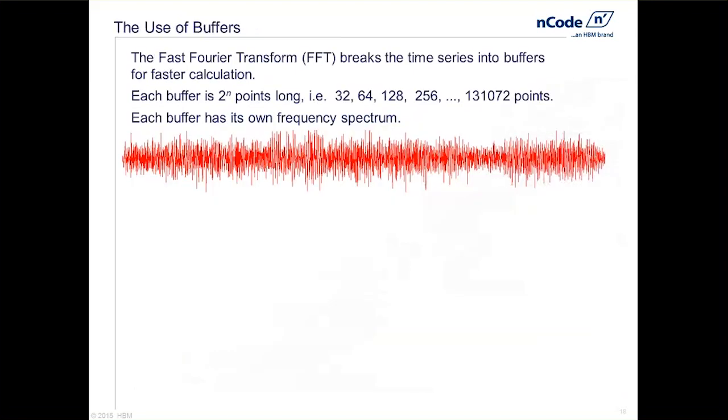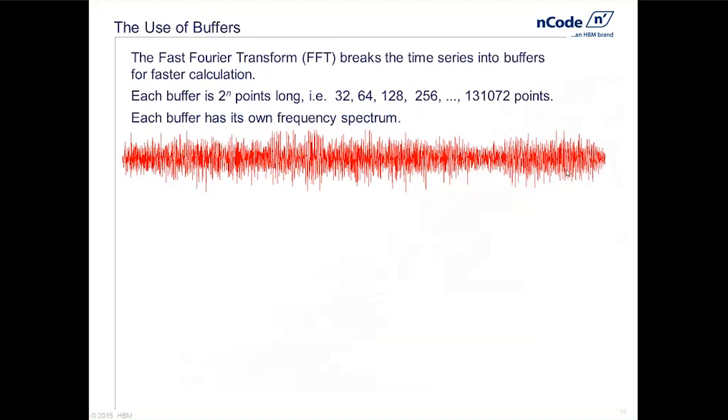So let's talk a little bit about doing our Fourier transform and doing this with software. We actually have to do things in buffers when we do this numerically with software. So you might have a long history of time series data, which is represented right here, that may contain more data points than buffers.